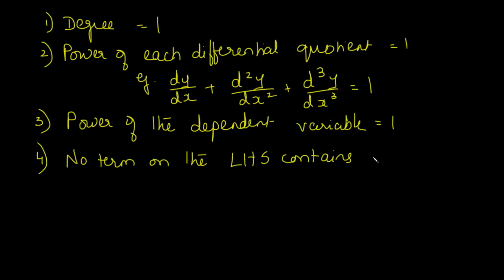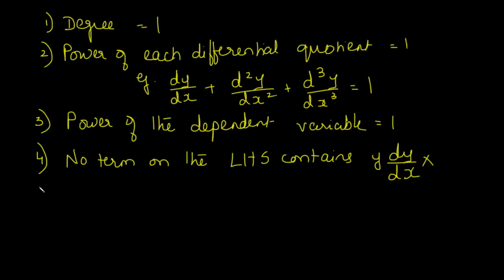That is, no term contains y dy by dx. This should not be there on the LHS. If it is there, we are going to modify it so that dy by dx contains only the coefficient 1. No other coefficient is there with dy by dx. So, suppose an equation satisfies all these 4 conditions, then we can say that it is a linear differential equation.